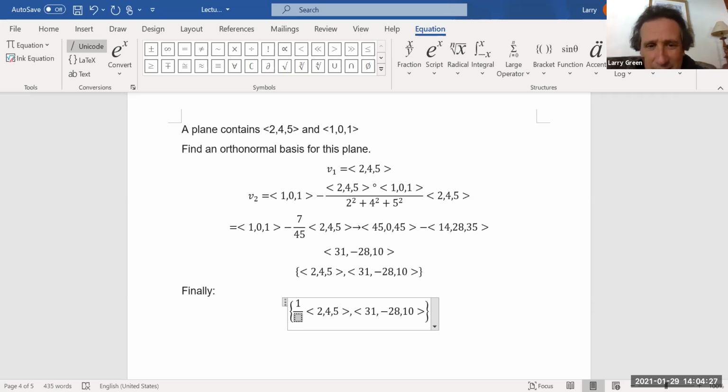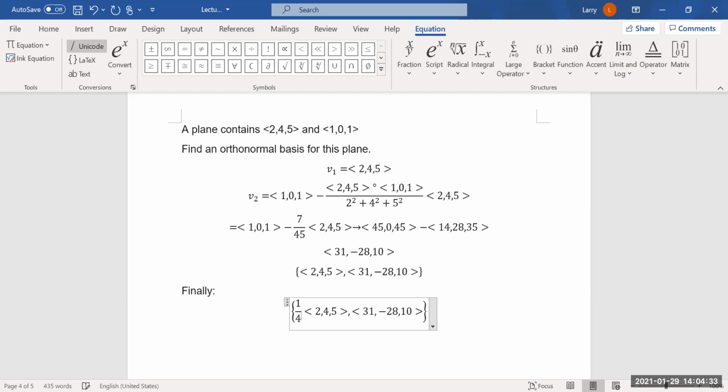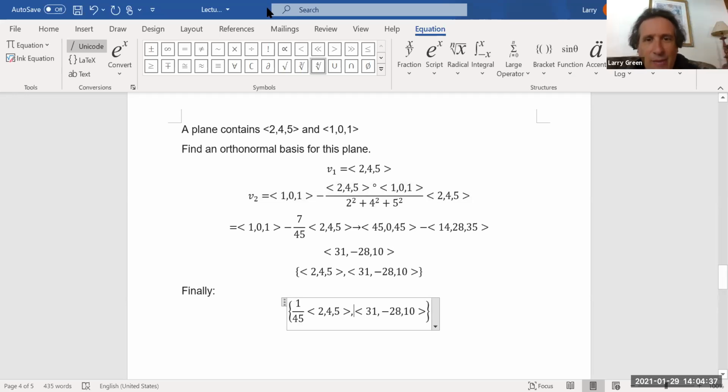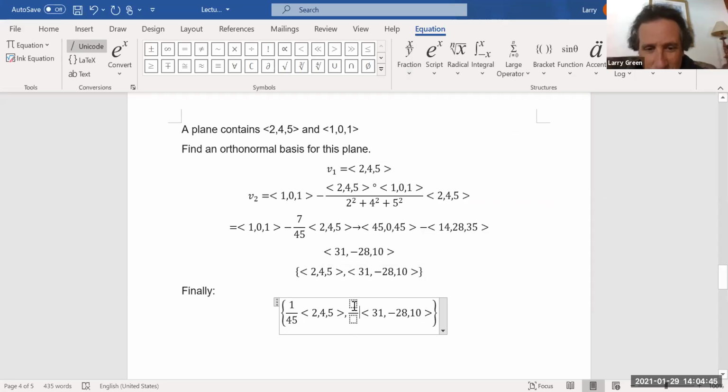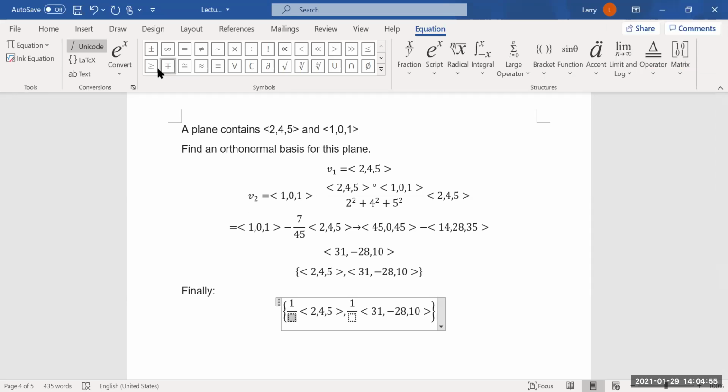That was the 45, I believe, wasn't it? Yeah. And then this one's ugly. And when it's that ugly, I'm not going to do it. Instead, I'm going to write down 1 over. Oh, you know what I didn't do? It's not 1 over 45. It's the square root. 1 over the square root of 45.